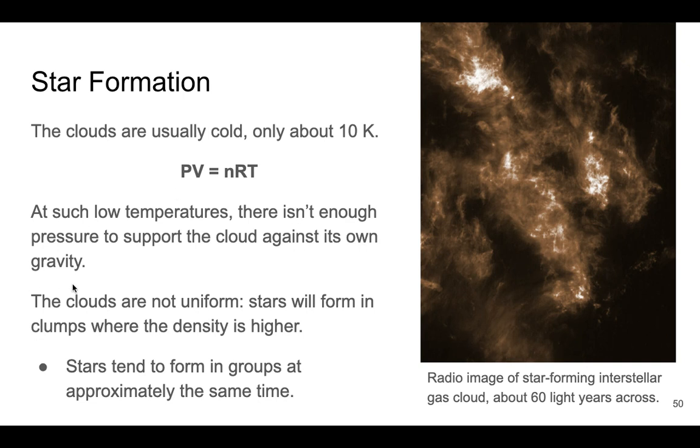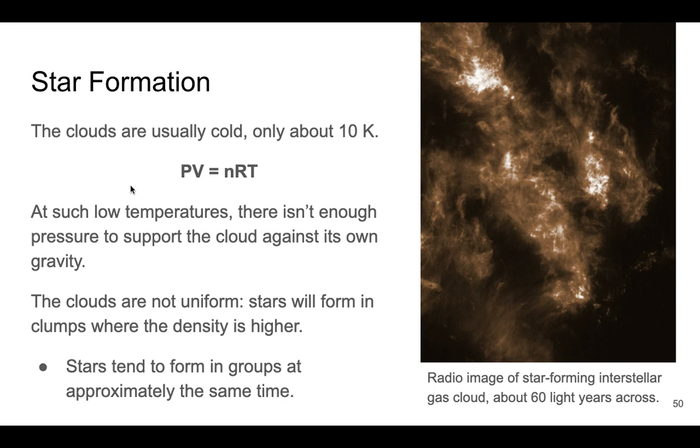Now, these clouds are not uniform. It's not a very even distribution of gas. You can tell in this cloud, there's a lot of gas in this area, and there's very little gas over here. Some areas just seem denser than others. The stars and the solar systems, as it turns out, are going to form in those clumped areas where you have more density, where you have more stuff.